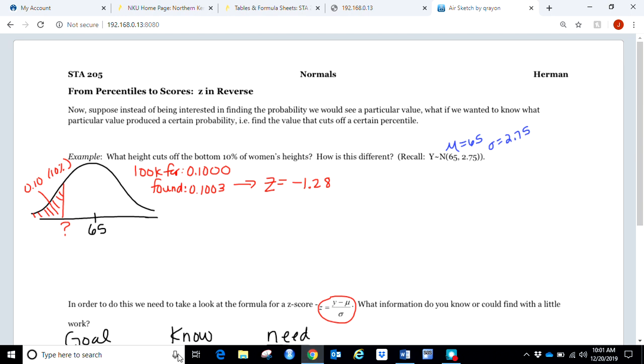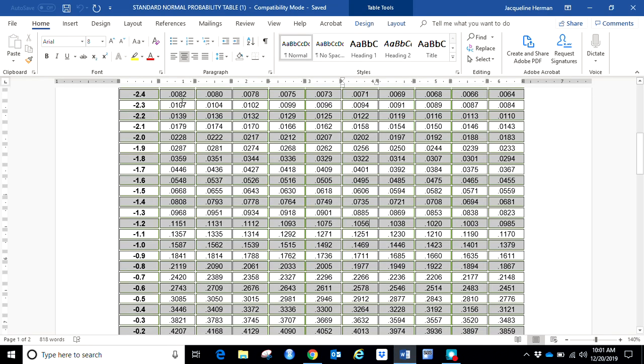Let's do that process again. We're looking for 0.1000 on the inside of our table. I look down this first column to look for my jump, where 0.100 happens somewhere between them. And I go over in both rows till I find the closest thing I got, which is this 0.1003. But that's still not a z-score.